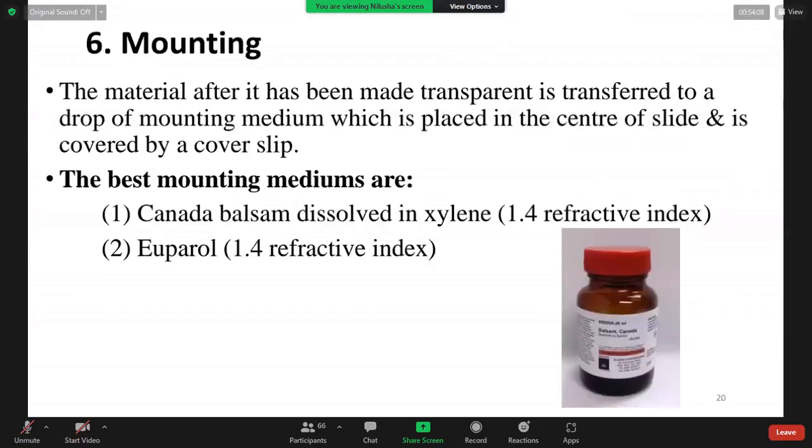Next one is the mounting. What is mounting? Here we are using some mounting medium like Canada balsam dissolved in xylene, and euparal. That one also we can use as mounting medium.